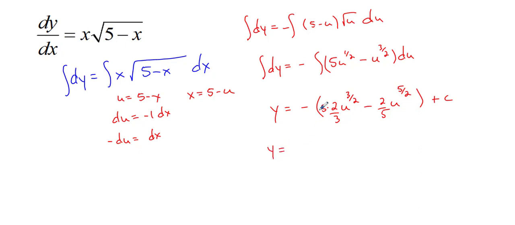Y equals, so that'd be -10 thirds, and then let's substitute our u, 5 minus x, to the 3 halves, minus 2/5, 5 minus x, to the 5 halves, plus c. Oh, right here? You bet, thank you.